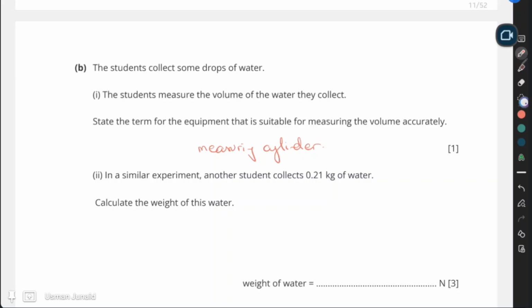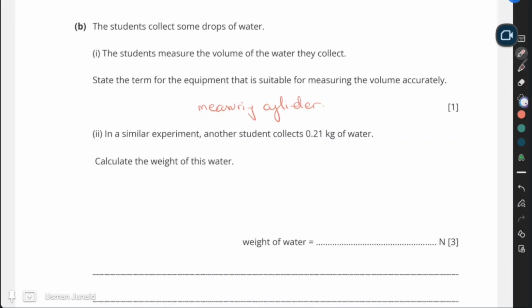In a similar experiment, another student collects 0.21 kilograms of water. Calculate the weight of this water. So when we're talking about weight, weight is measured in newtons. Basically, weight is mass multiplied by g, where g is the gravitational constant.